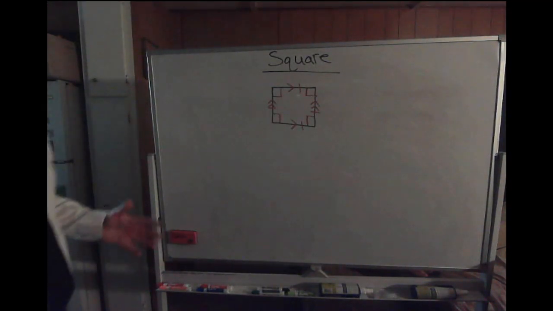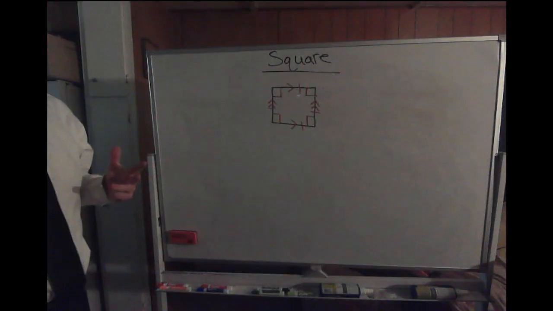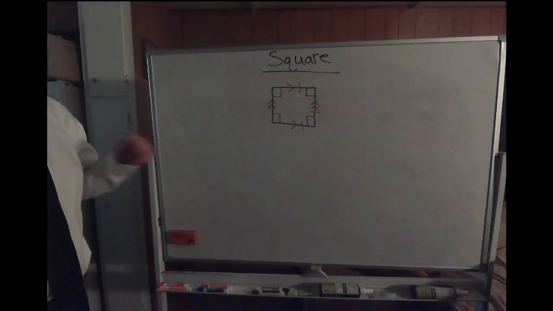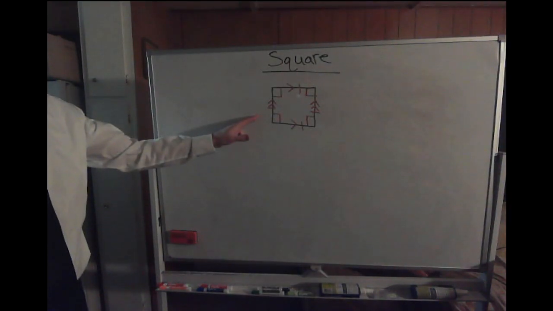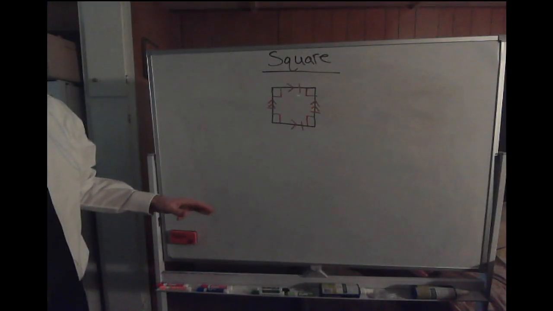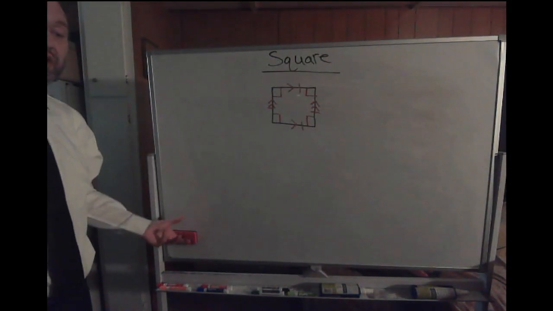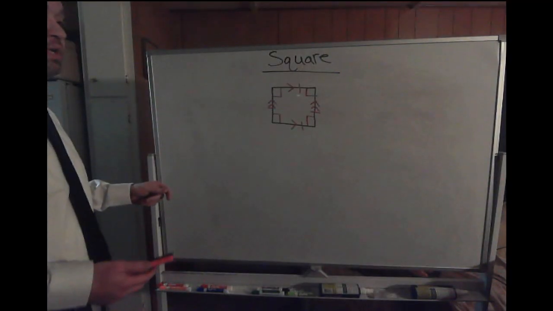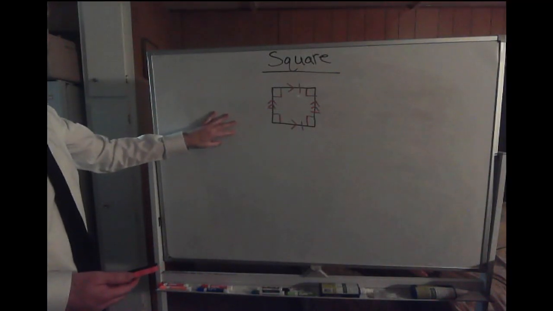And then remember when we talked about regular polygons, how they have the same number of sides, just for starter. Well, regular polygons, every side's congruent to each other and every interior angle's congruent to each other. So a square is a regular quadrilateral. It's the only regular quadrilateral. I have no real exercises with squares.